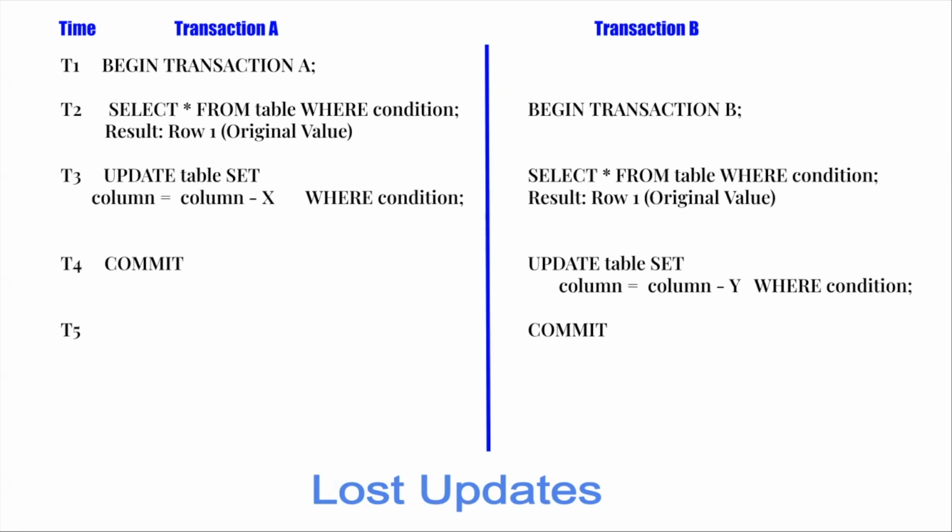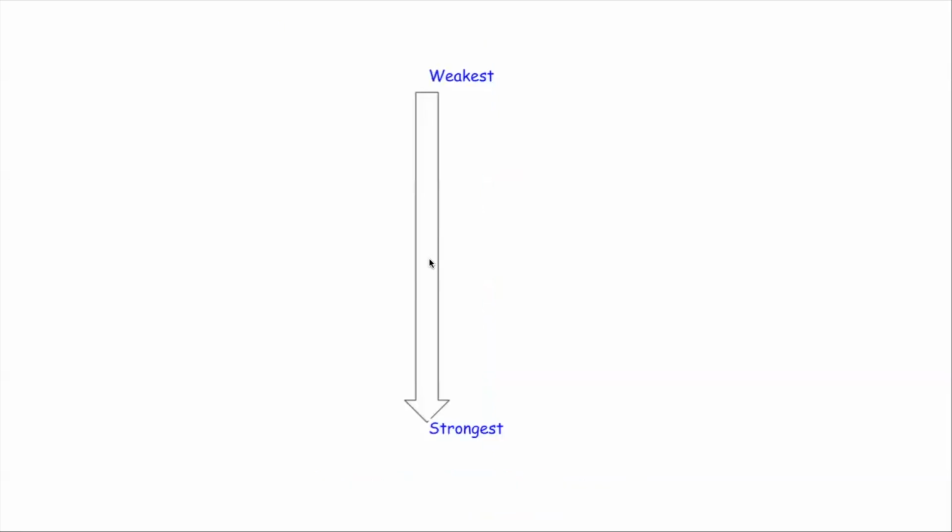Meanwhile, a transaction has started at T2, which is transaction B, and you are reading the same row with the same condition. And then at T4, you have updated column equals column minus Y, and at T5 it gets committed. In this case, whatever update has been done by transaction A is lost. This is called lost updates.